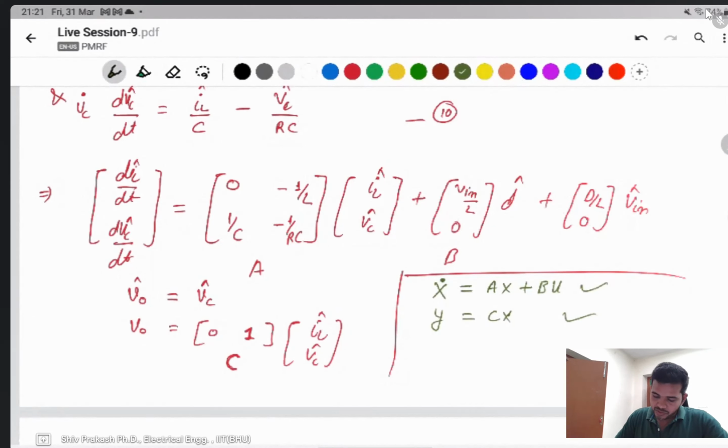X dot is the derivative d by dt with respect to X, so you can take it as delta IL dot. This one represents the state, and this one is the differentiation of the state, the next state. This one represents the input, and this one is the output.